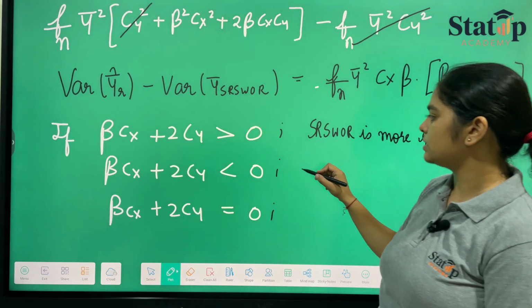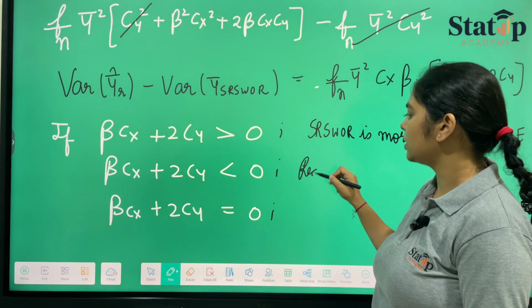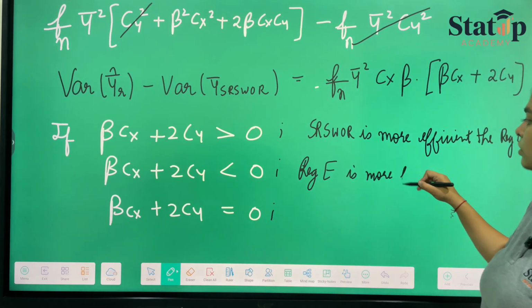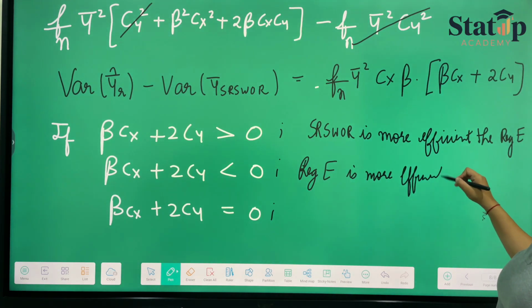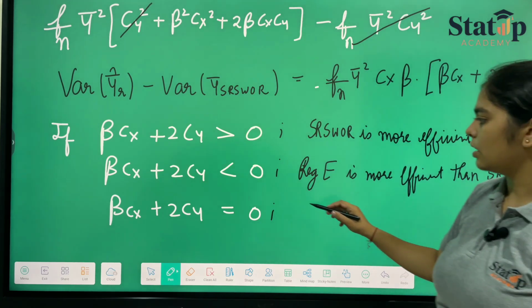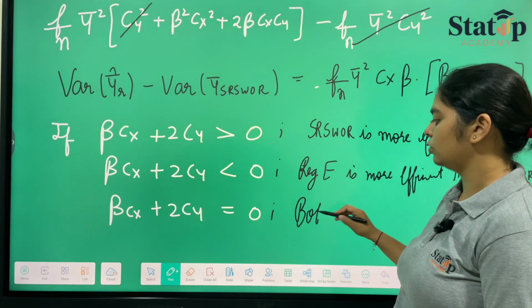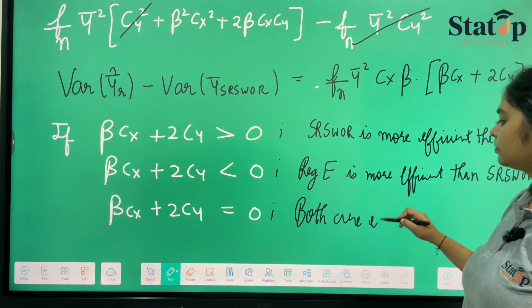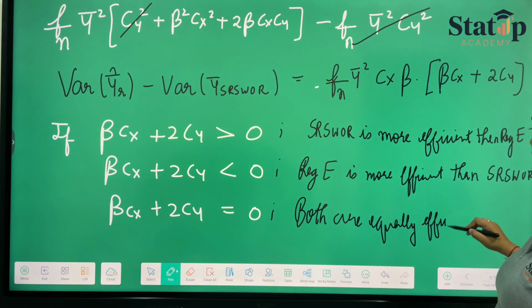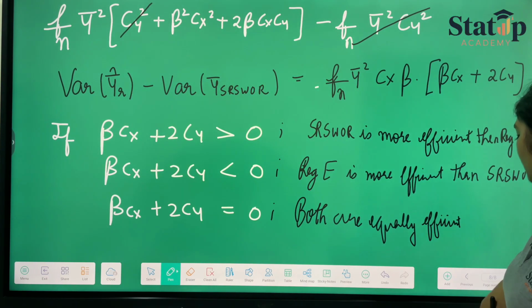If this is less than 0, then the regression estimator is more efficient than simple random sampling without replacement. If it is equal to 0, then both are equally efficient. Okay, so this was the comparison.